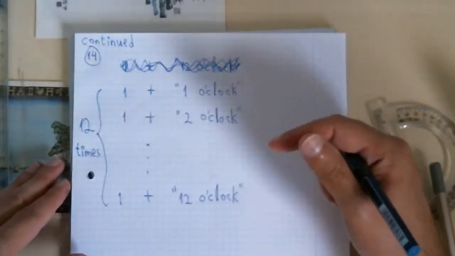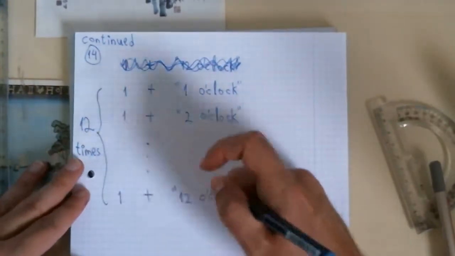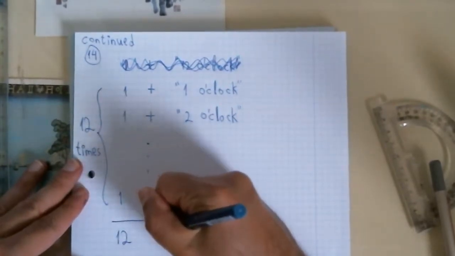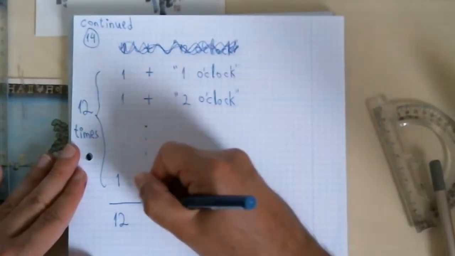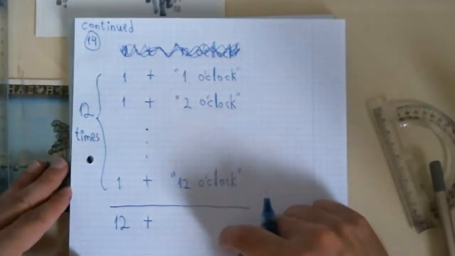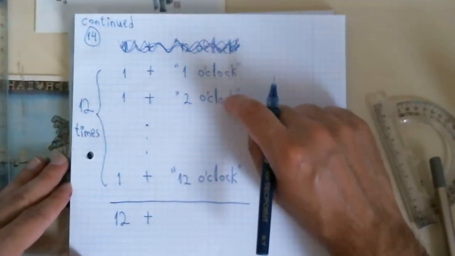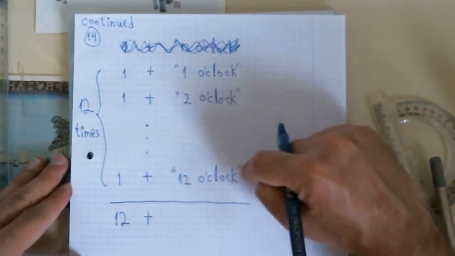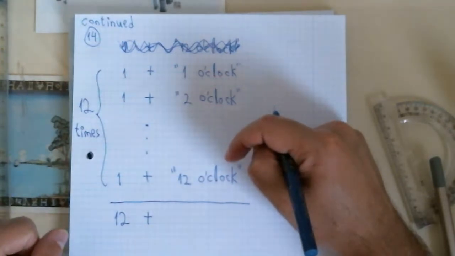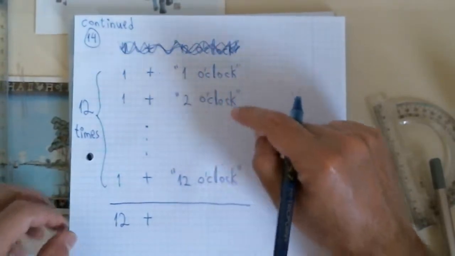So we have 1 plus 1 all the way up to 12, plus the sum of all the vectors of the hours. The hour of 1 plus the hour of 2 plus the hour of 3, and so on till the vector of the hour 12. But remember what we said in question 13a, that they cancel each other out.